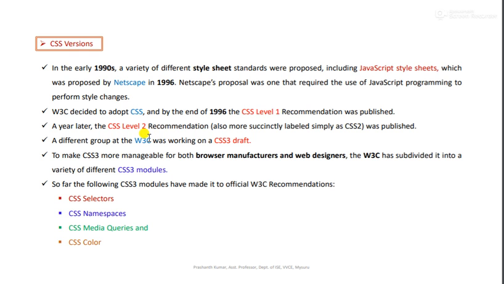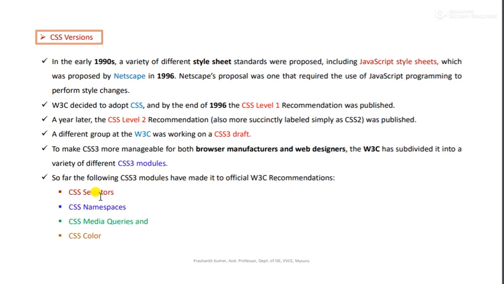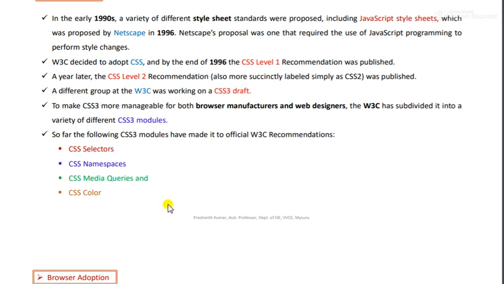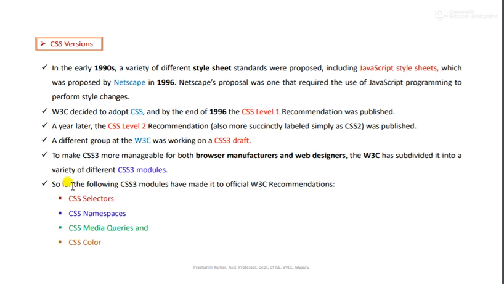Now W3C recommended CSS selectors, CSS namespaces, CSS media queries. This media query is mainly used for responsive designing, I told you. You can design the web page from your mobile to your desktop. That one we call responsive design, which they introduced using media queries, and then CSS colors.